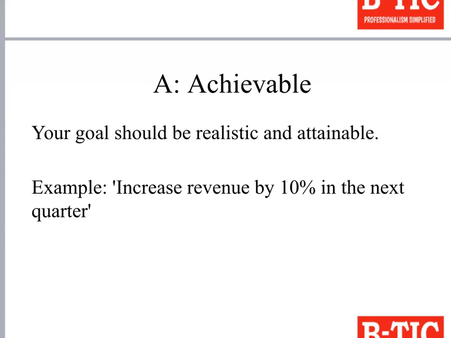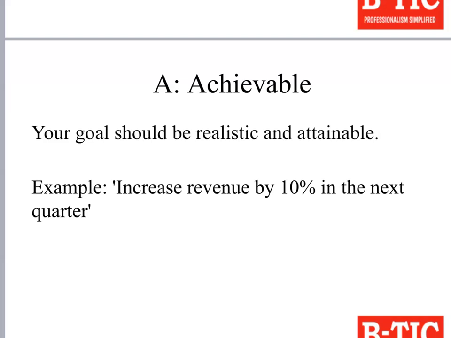So when you set a goal, you have to set your goal realistic. It is achievable. If you say increase my revenue by 10% next quarter, yes. If you say increase my revenue by 100% next quarter, it's difficult. You have your company, you have, let's say, 100 students studying in your university.